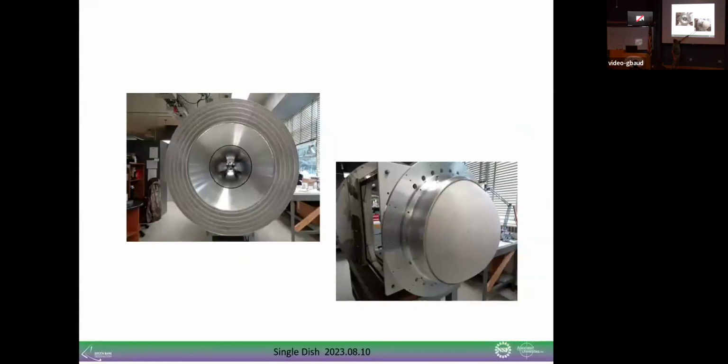This is a special design quartz window, and that was one of the challenges of this receiver. It's in the throat here. This is without the waveguide window, but we had to compromise and insert the window down into the throat, which complicated the design a good bit.